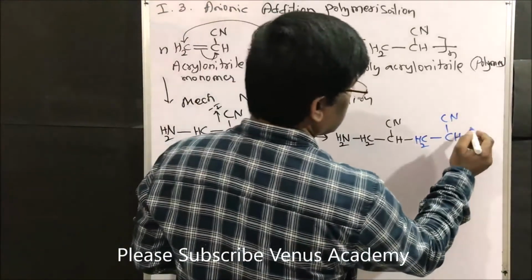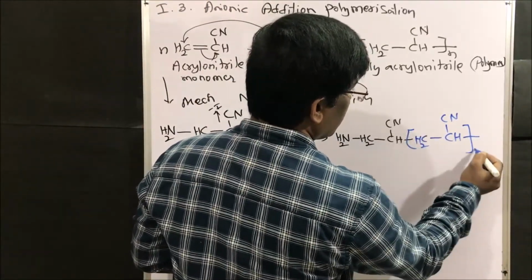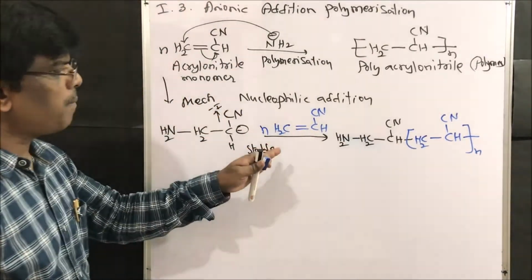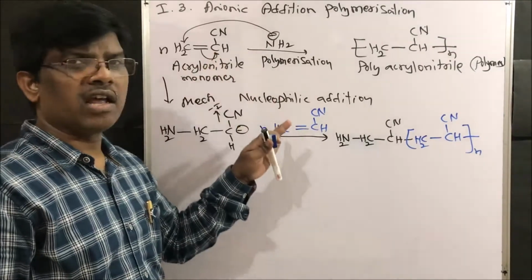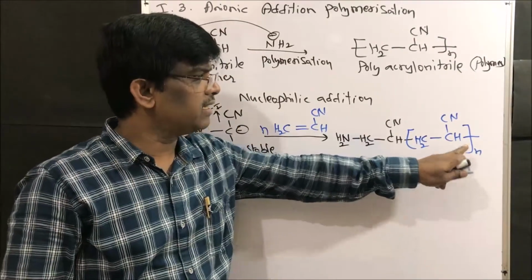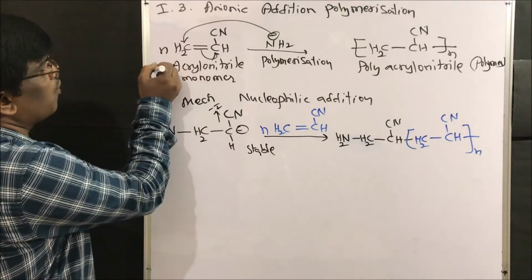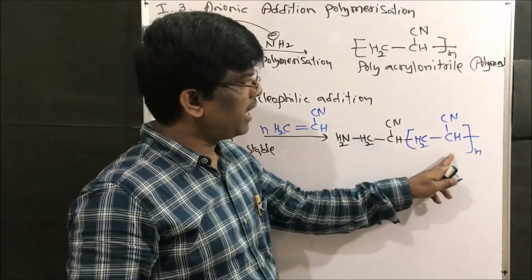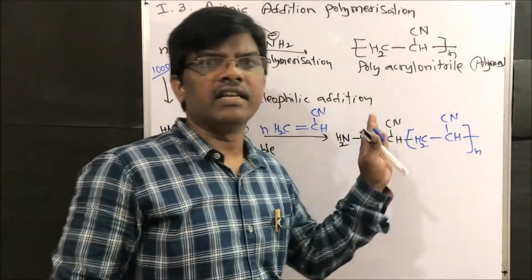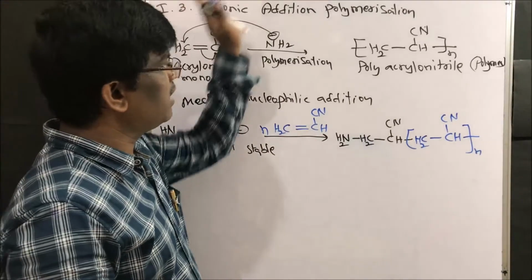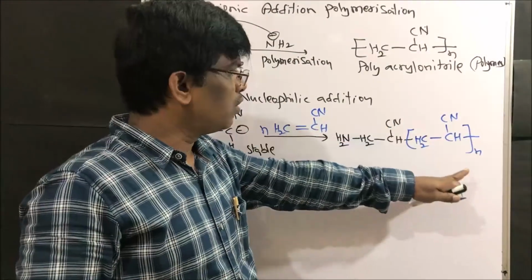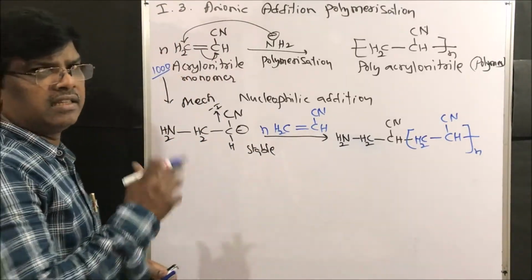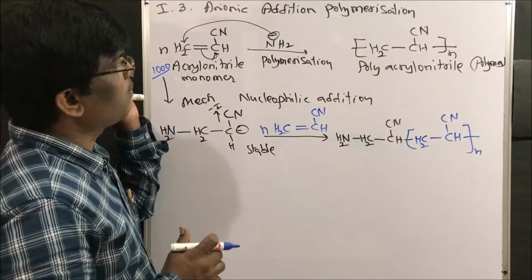This will go on adding to n moles of molecules. The more acrylonitrile molecules I take, the more will be added. For example, if I take 1000 molecules, I am going to end with a 1000-molecule chain. Yes, friends, in polymer chemistry we learn in detail how to find the weight of the polymer and the molecular weight. Yes, there is a calculation. I will explain in that lecture. But at this stage, what are the polymers?